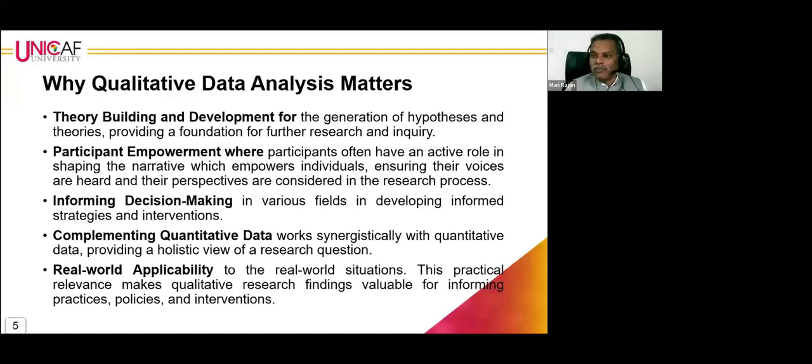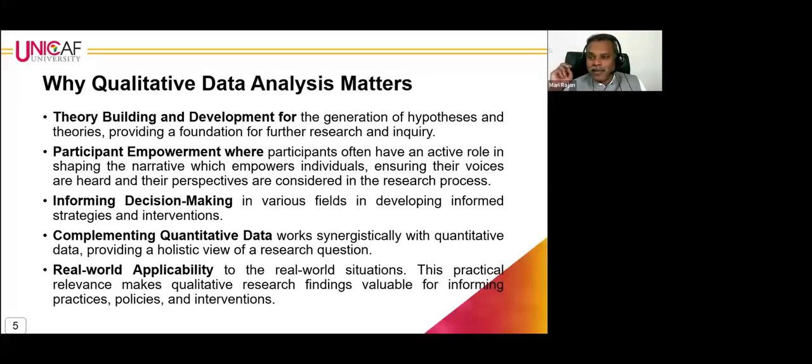Sometimes it works standalone, but most of the time you can combine it with your quantitative data analysis as well. When you are using mixed methods, you can combine both quantitative and qualitative data. So qualitative data analysis will supplement or strengthen your quantitative data to get a holistic viewpoint on your research questions.